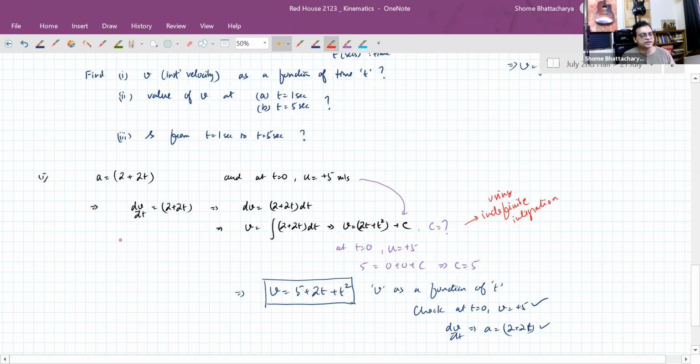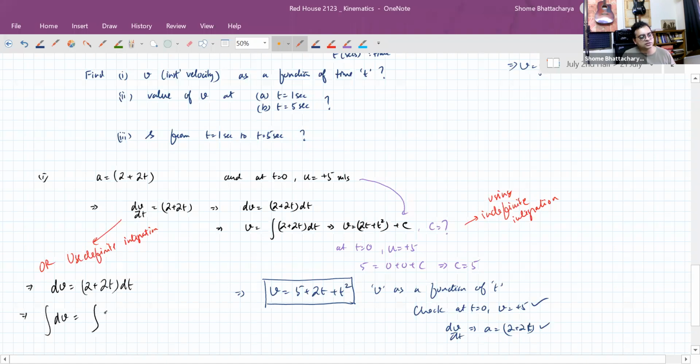I also have a second option. I can also use definite integration. So what I can do, once I've got this step dv is equal to 2 plus 2t dt, is do a definite integration on both sides.